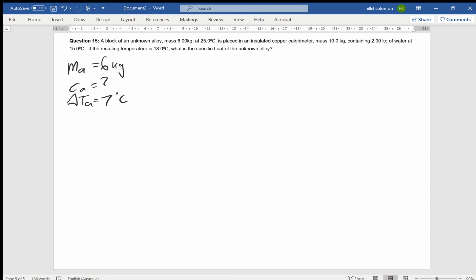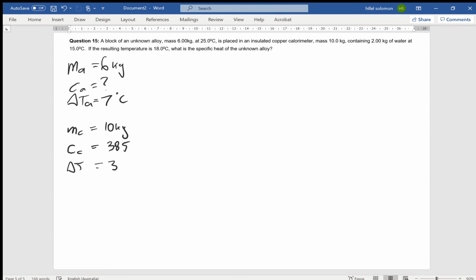Now, we've also got the calorimeter. So the mass of the calorimeter is 10 kilograms. Oh, that's a big calorimeter. The specific heat capacity of copper, I think you got it in the question, 385. And the change in temperature, well, remember the calorimeter starts at the same temperature as the water, so it's gone from 15 up to 18.